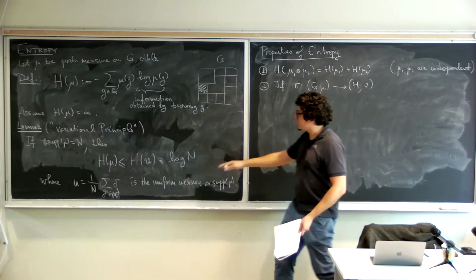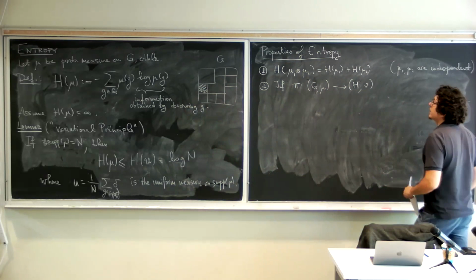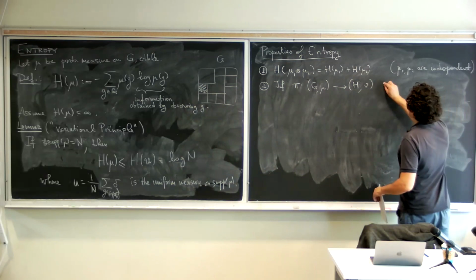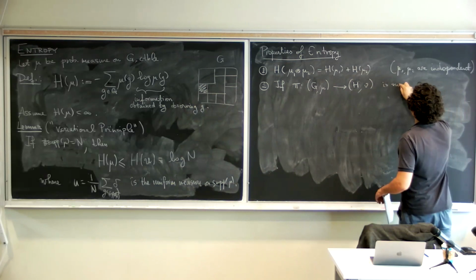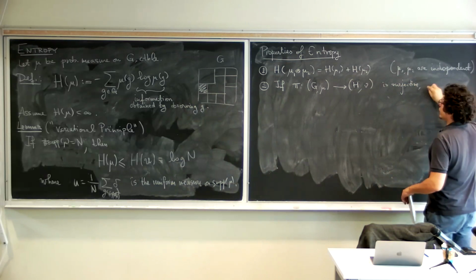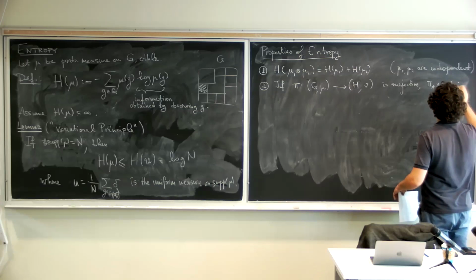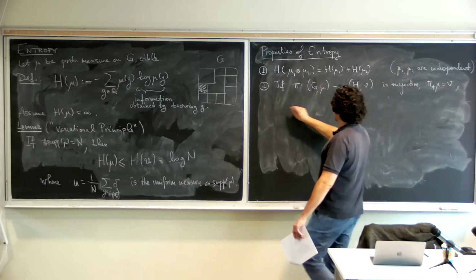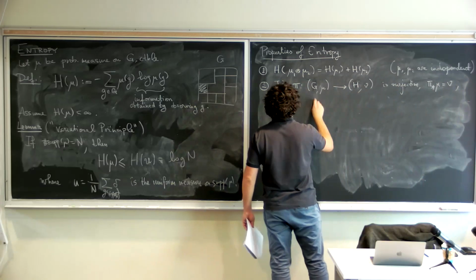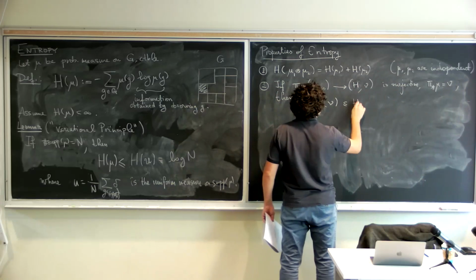At this point, we haven't used the group structure yet, so this could be for any finite set. So if pi is surjective and measurable and pi star mu equals nu, then the entropy of nu is less than or equal to the entropy of mu.